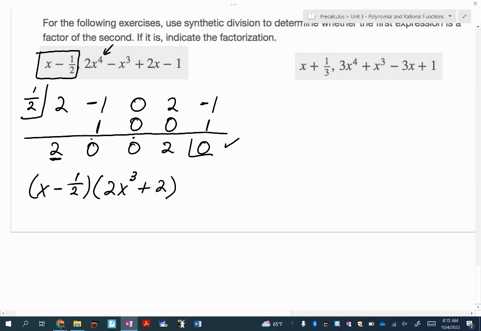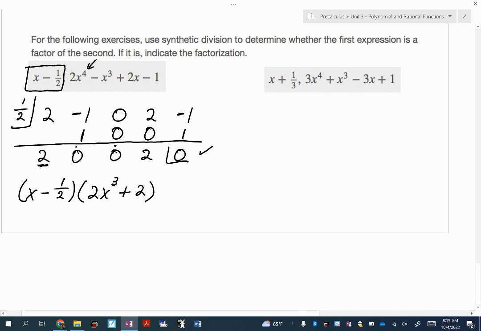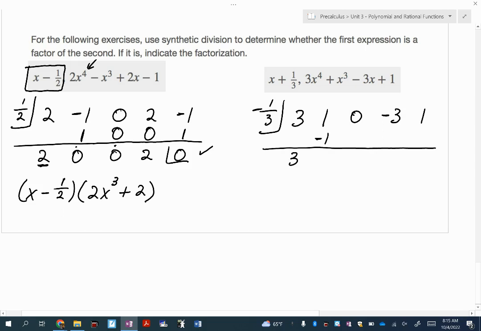All right, let's do one more and then we'll be done. So the opposite of x plus 1/3 is negative 1/3. So put that in the corner. 3, positive 1, 0, that placeholder, negative 3, and then positive 1. Start the process, bring down the 3. 3 times negative 1/3 is negative 1.